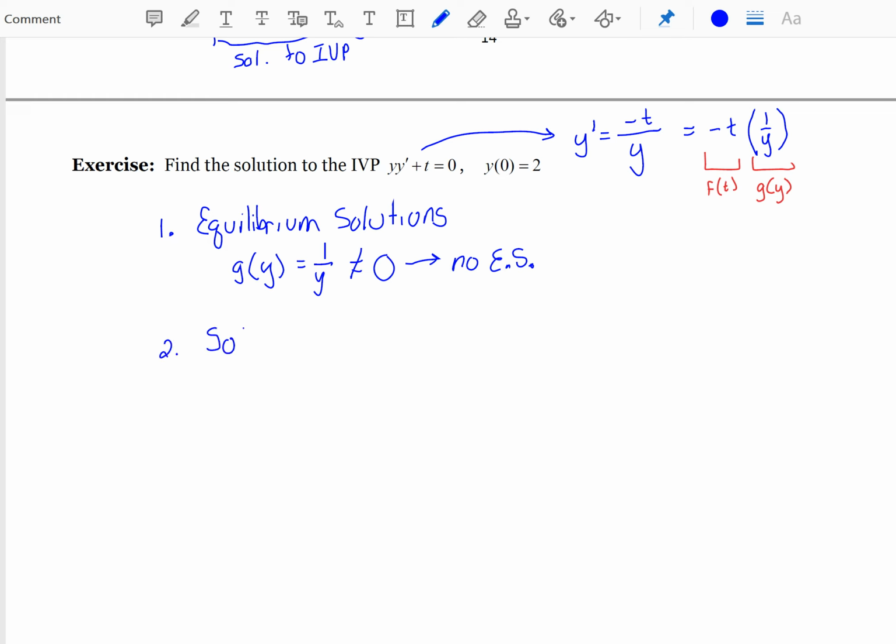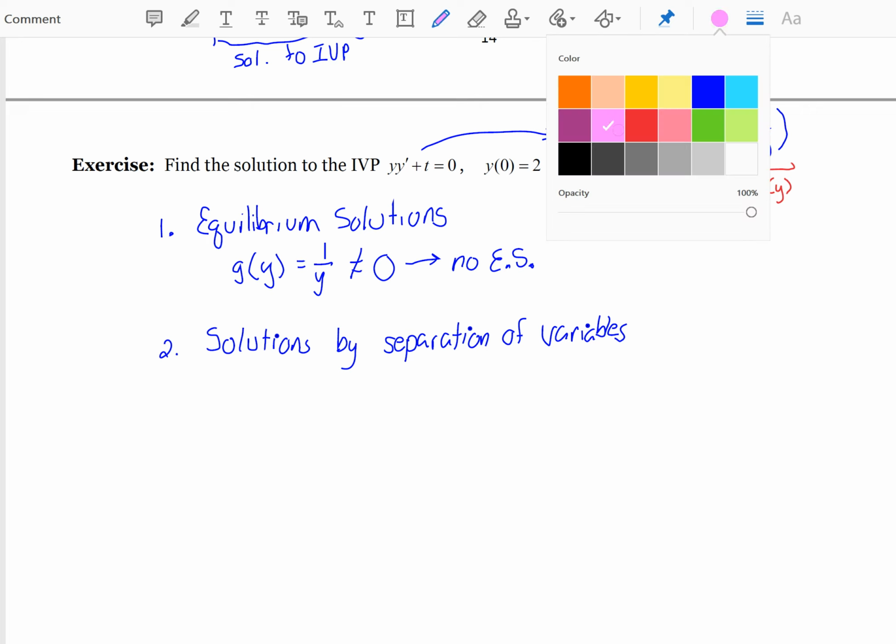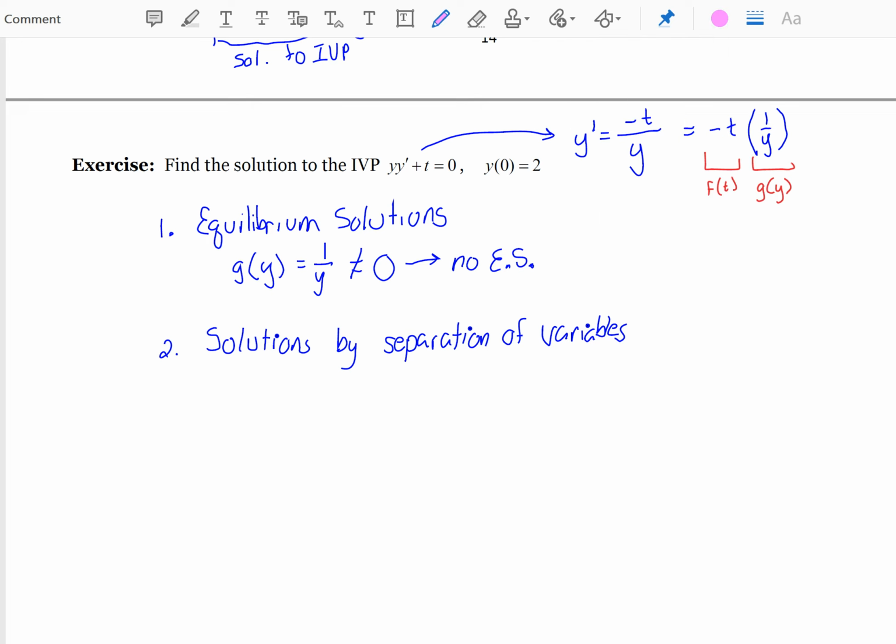Now let's look for the rest of our solutions by the separation of variables technique. And again, my starting point with these problems is to always rewrite the differential equation. And I'm going to take our differential equation that we have written like this and rewrite the y prime portion.